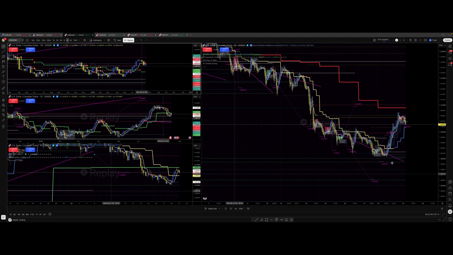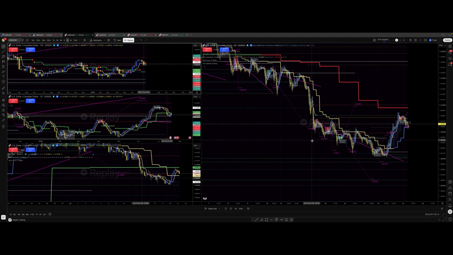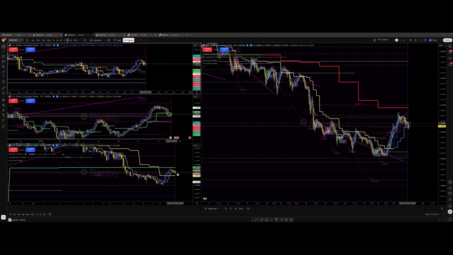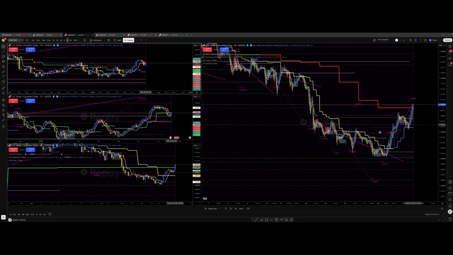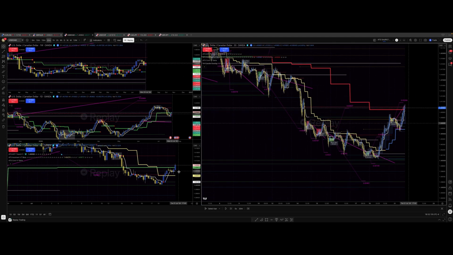All right, so we rejected off of that fair market value area there. We have a confirmation to the downside here on the 4 hour. This was an uptrend for a bit, and it's still on an up.